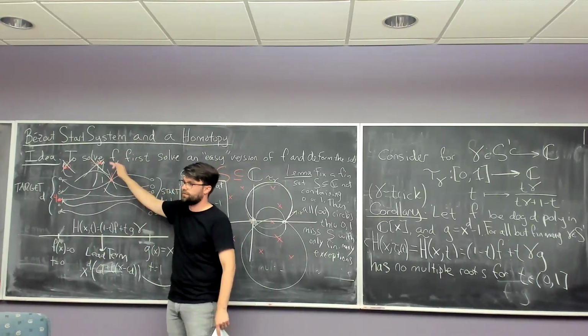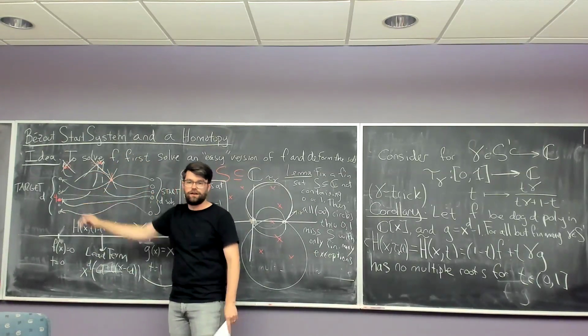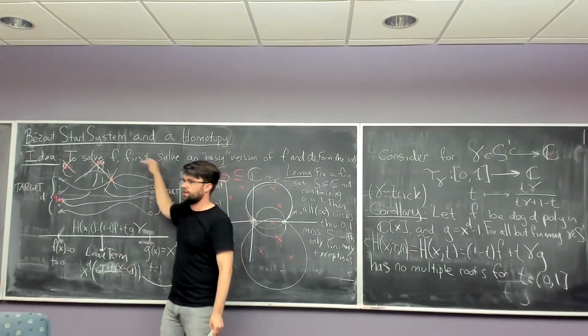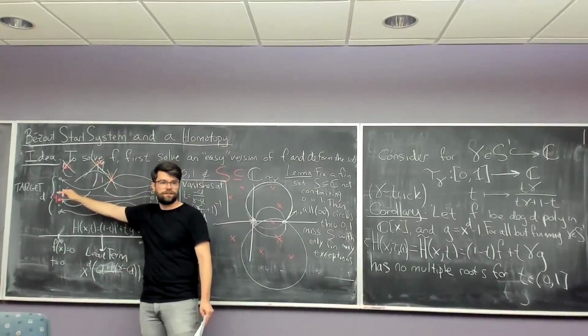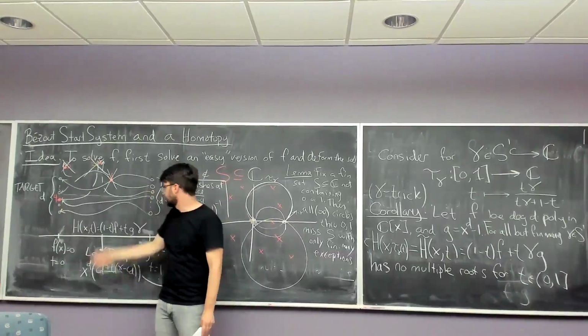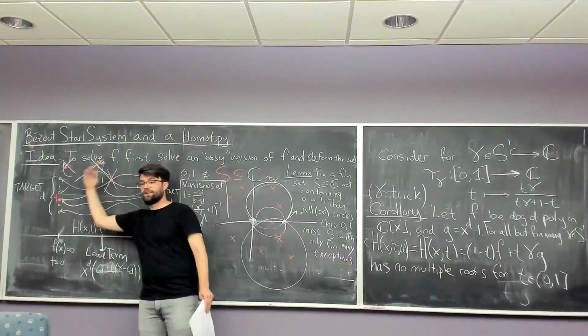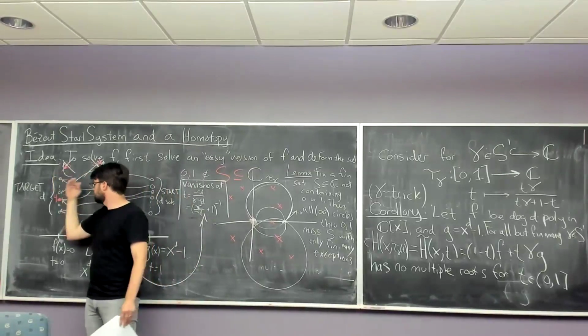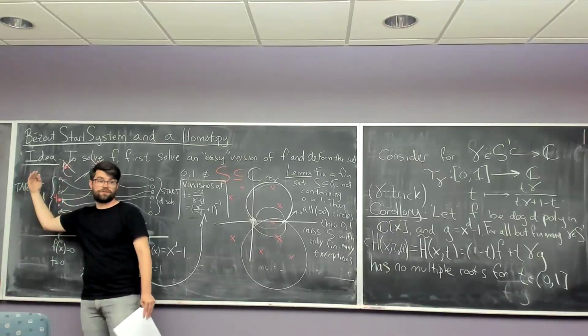There's continuous movement of the roots. We're basically just going to apply the implicit function theorem over and over again to get well-defined paths here. All right. And then we're going to use some sort of pigeonhole principle that says for almost all t values, you have exactly d roots, and they're bounded away from each other. So at the end, you have to have d distinct roots.